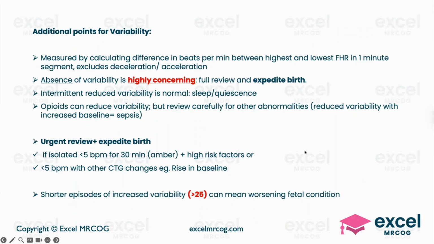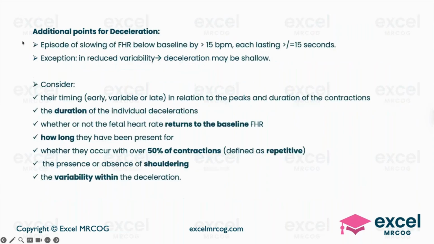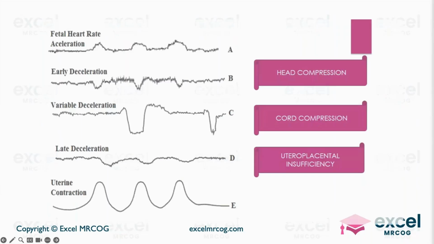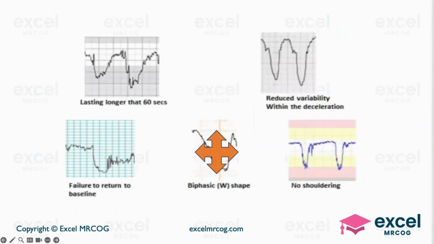Now, coming to decelerations, I have mentioned the same things to you. I needed to mention concerning characteristics, and for that, I have this particular slide. When I mentioned the three different types of decelerations, they are important either because of the timing with which they correlate to the contractions, or because you need to see concerning characteristics.